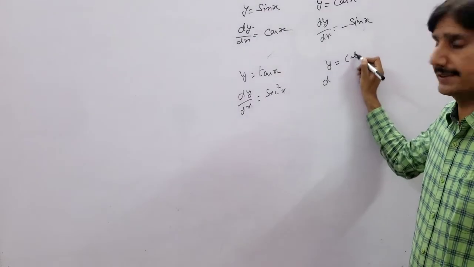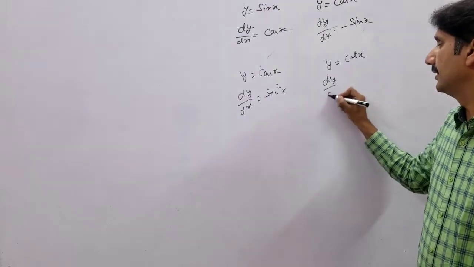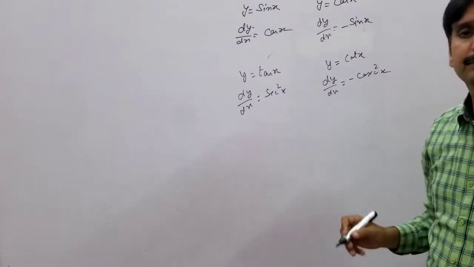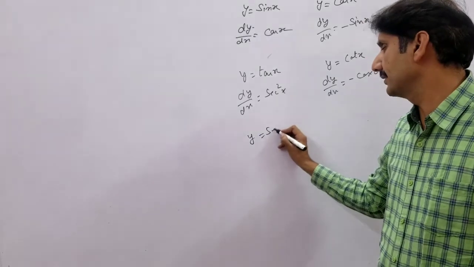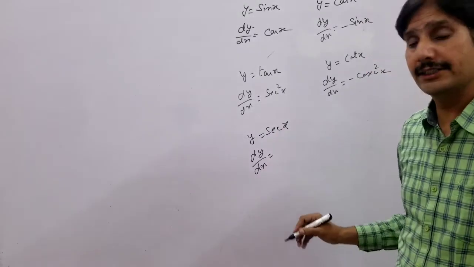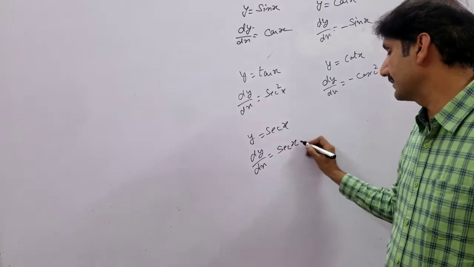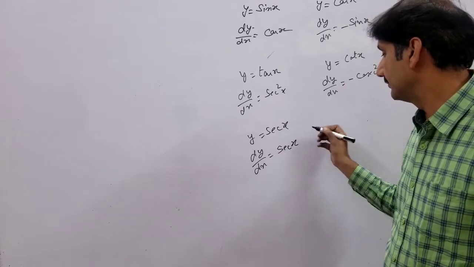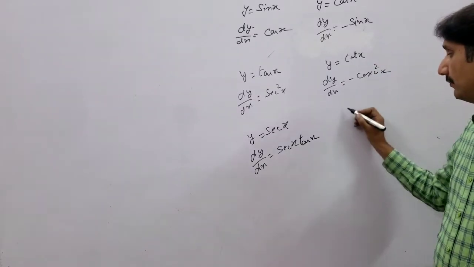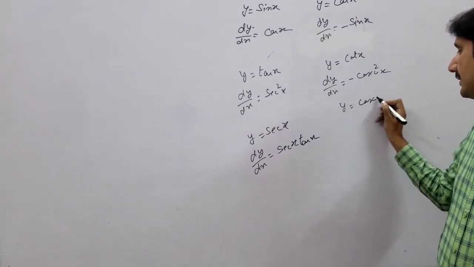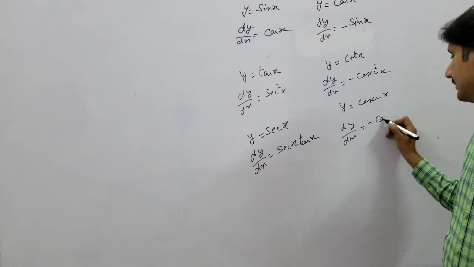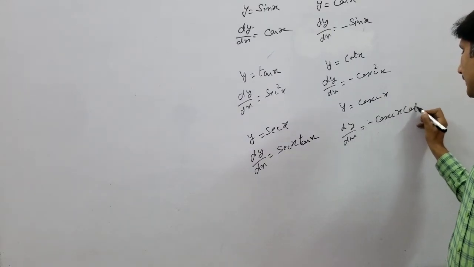For cotangent x, differentiation is minus cosecant square x. For secant x, differentiation is secant x tangent x, and for y is equal to cosecant x, dy by dx is minus cosecant x cotangent x.